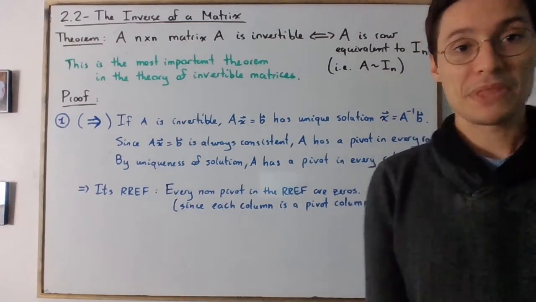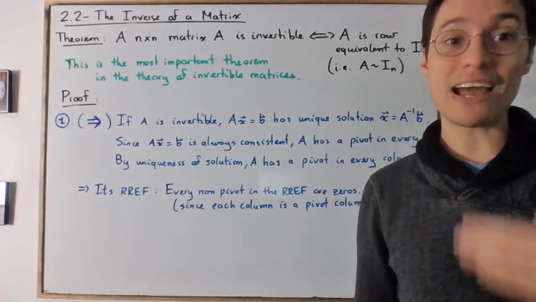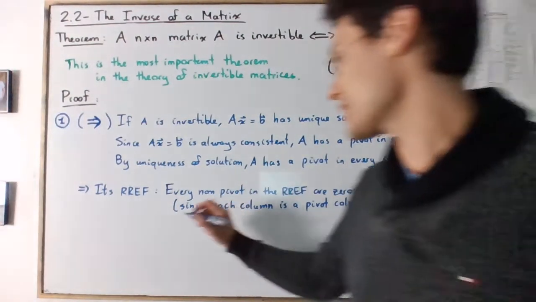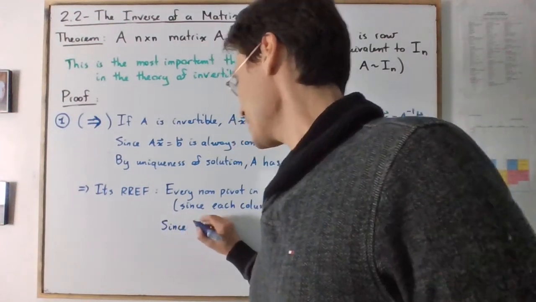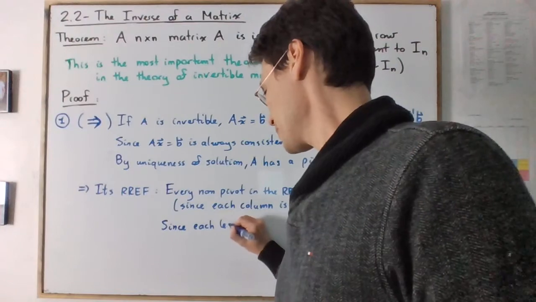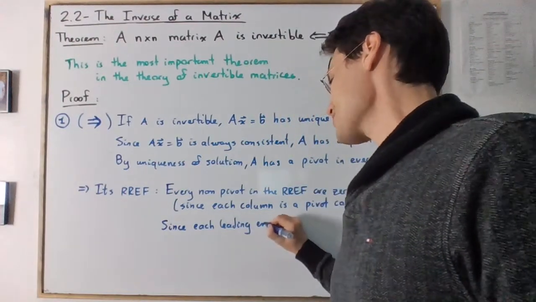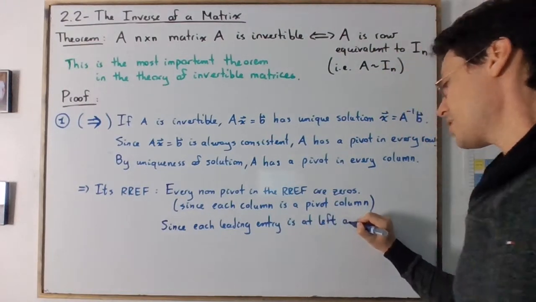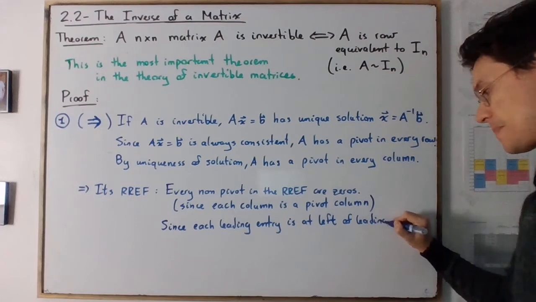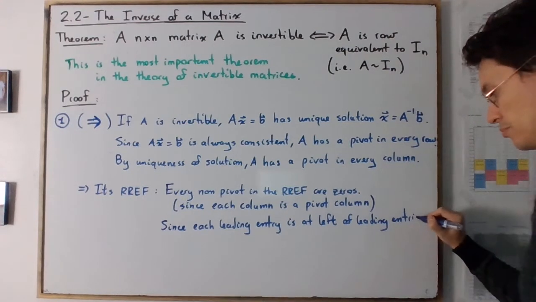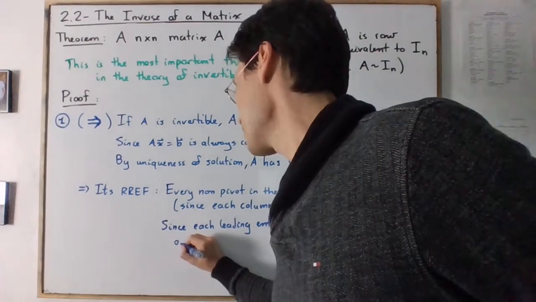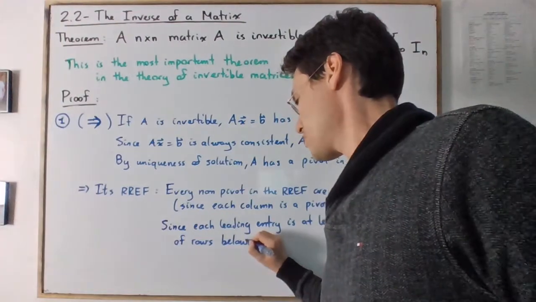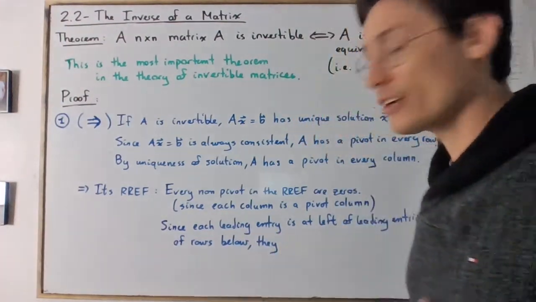Okay, what else do we know? Well, we know that the pivots are going to lie on the diagonal elements. Since each leading entry is to the left of the leading entries of rows below, they happen to be on the diagonal.